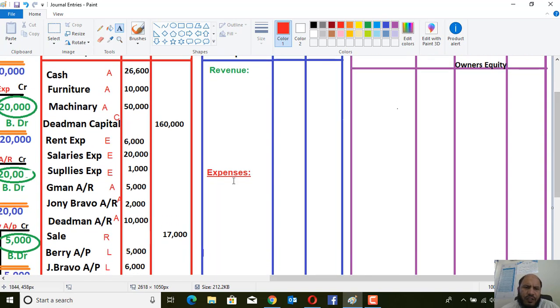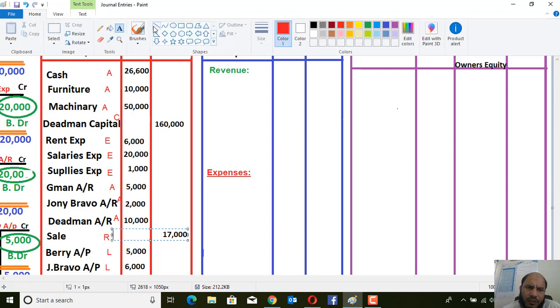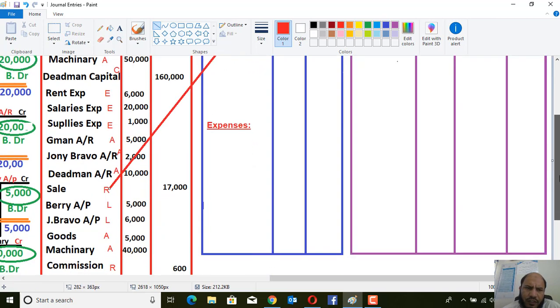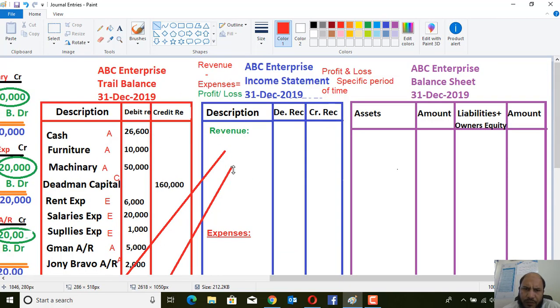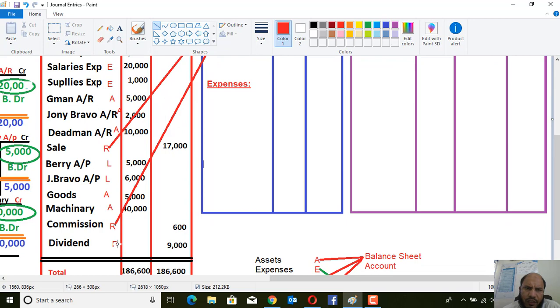See dear students, this is a revenue account. We have one revenue account over here, so we'll write it down over there. Do we have another? Yes, we have one more, and we also have another revenue account.